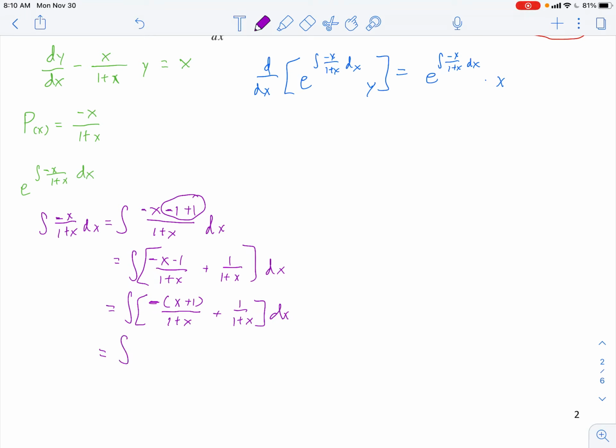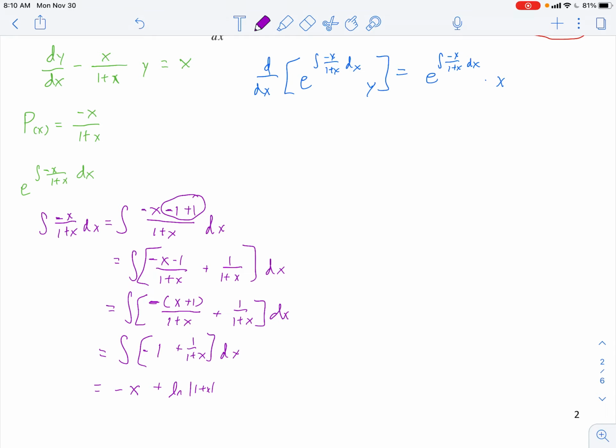Hopefully you notice that's just going to be negative 1 plus 1 over 1 plus x dx. And now let's go ahead and integrate. When I integrate negative 1, I get negative x. Integrating 1 over 1 plus x gives the natural log of absolute value 1 plus x.